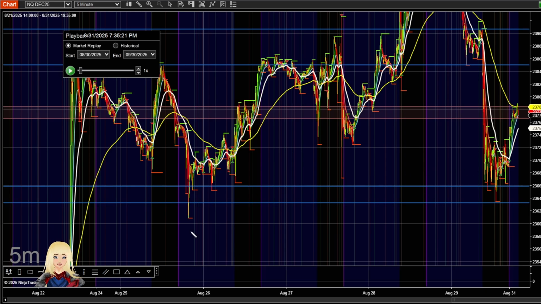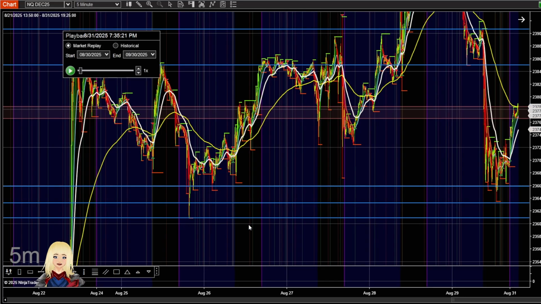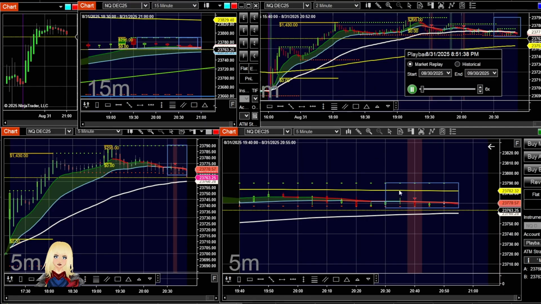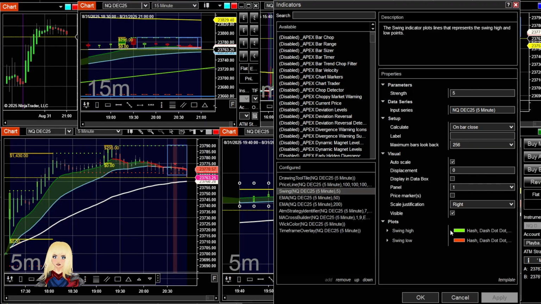One thing I'm going to do is add something here just in case price is plowing through this and we want to hold a little bit longer. And this is a swing indicator here. Here's our properties for it.